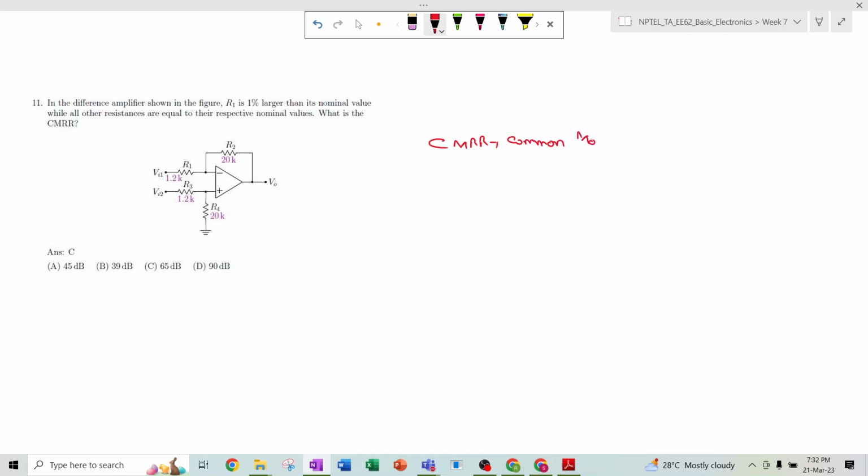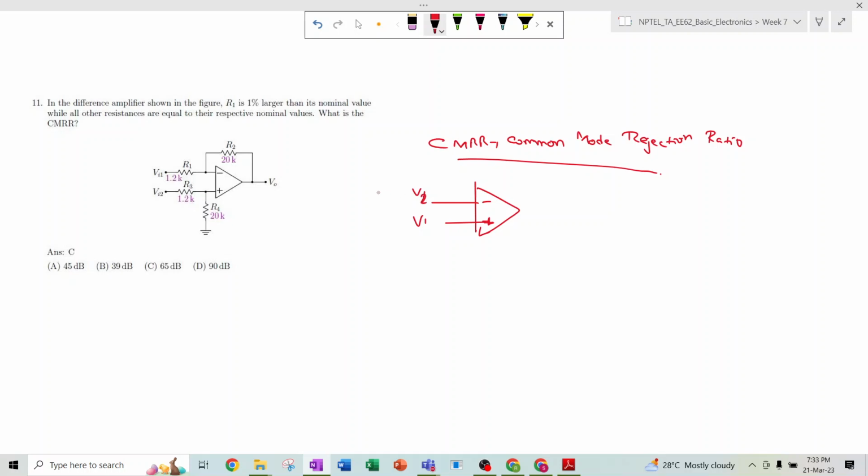Common mode rejection ratio. It is an inbuilt property of an op-amp. How can it be determined? Suppose there is some op-amp, and here we are applying some voltages V1 and V2.